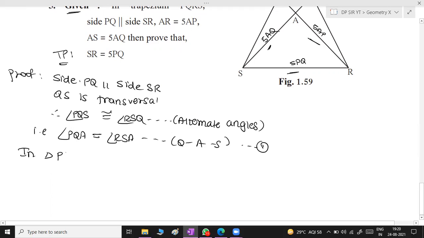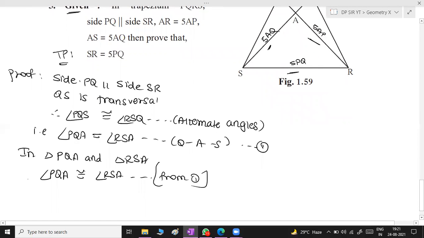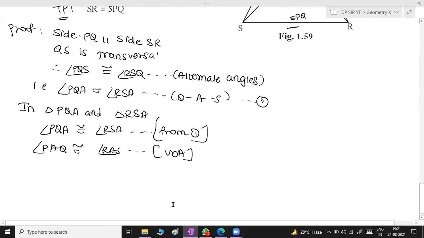So in triangle PQA and triangle RSA, if you look at the prerequisite, मतलब ऊपर हम लोग ने जो किया उससे मुझे triangle similar मिल जाएगा. That is angle PQA is congruent to angle RSA. This can be from 1. Secondly, there is a vertically opposite angle, that is angle PAQ is congruent to angle RAS. ये vertically opposite angle है. ठीक है, I'm just writing short form, you all don't use it since they are not board approved.